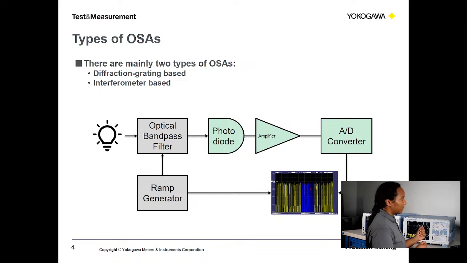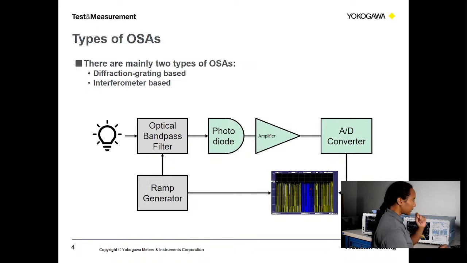I'll get more into it in the next slide, but now I just want to introduce that there is a grating based and an interferometer based type. The interferometer type is more along the lines of using a series of mirrors. That's a very simple term, but it uses mirrors to capture those different wavelengths. So they're using different ways to split a light source.